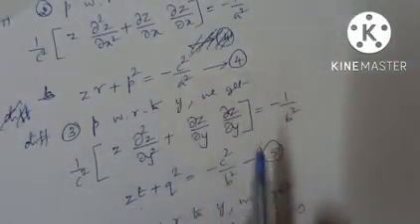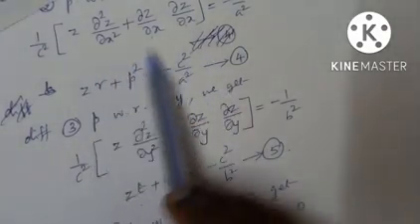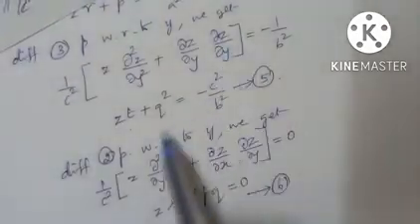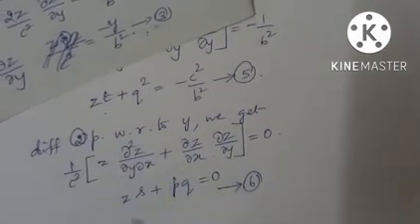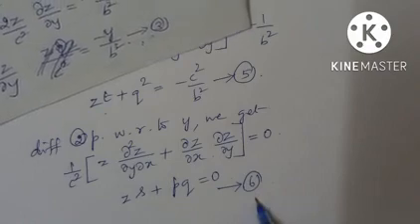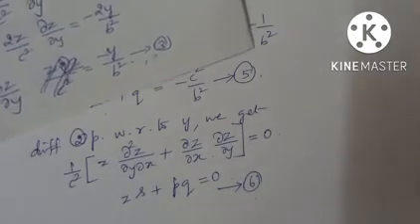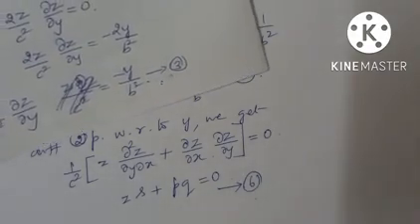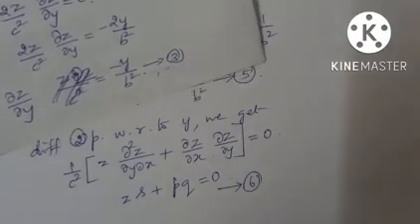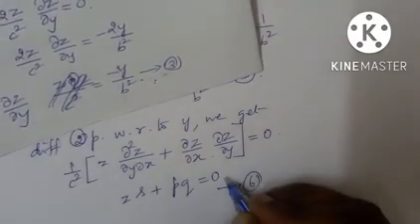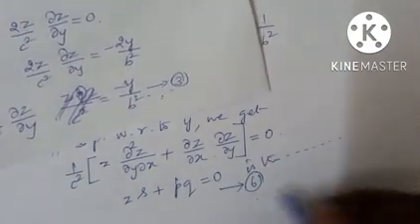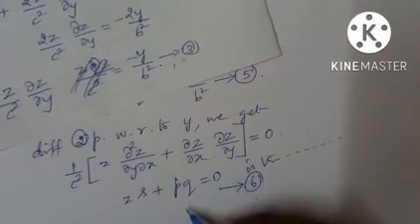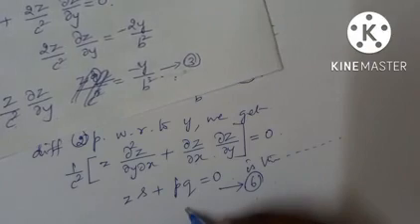In the fourth equation we have arbitrary constants. In the fifth equation we have arbitrary constants. But look at the sixth equation, it is free from arbitrary constants. So this is the required partial differential equation, which is independent of arbitrary constants. So what is the first heading? Formation of PDE, right?